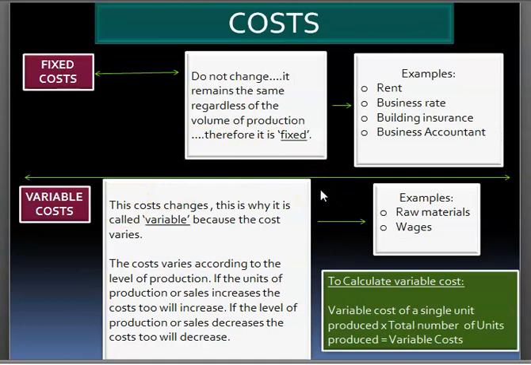Now, every business has two different types of cost. One called fixed cost and the other called variable cost. Everyone has fixed cost and they have variable cost. Okay, so now what is fixed cost?